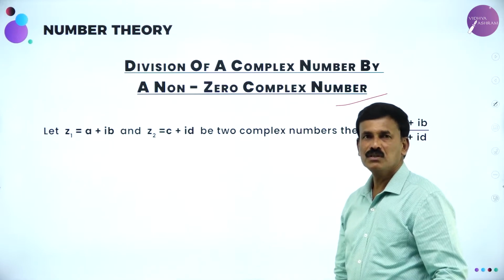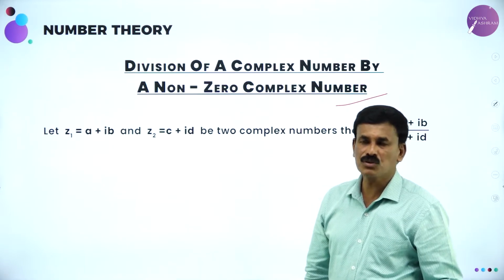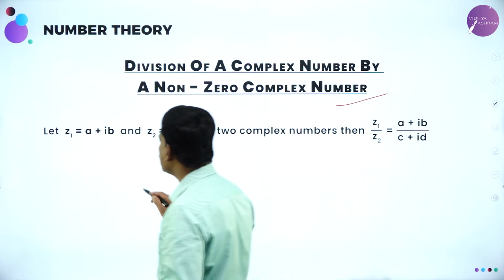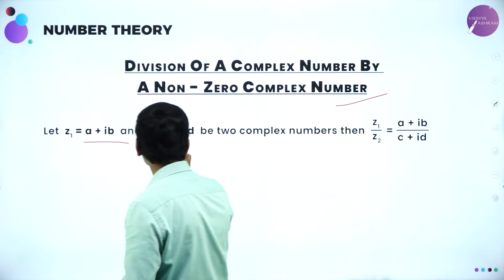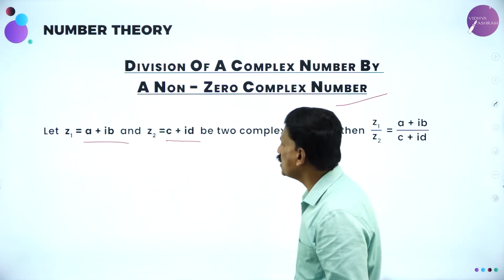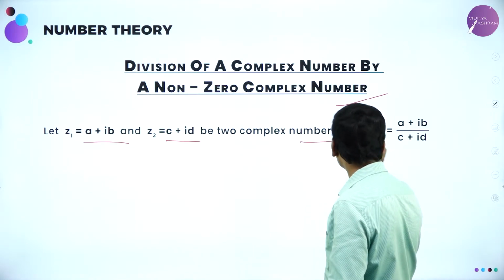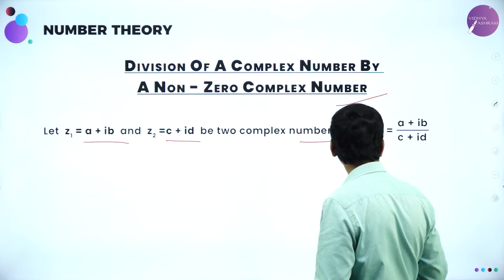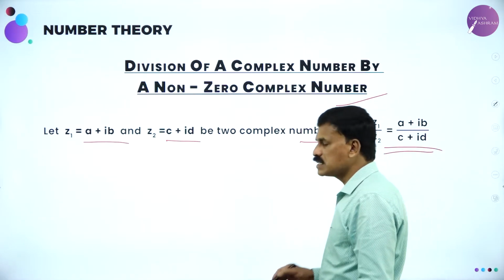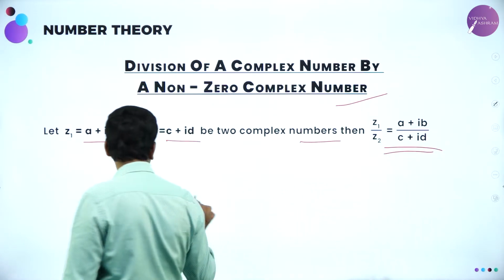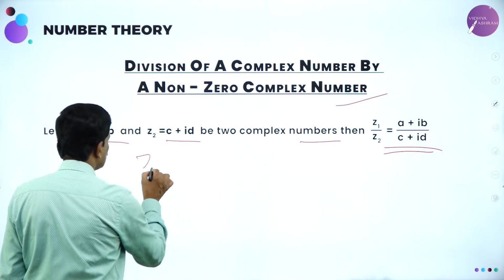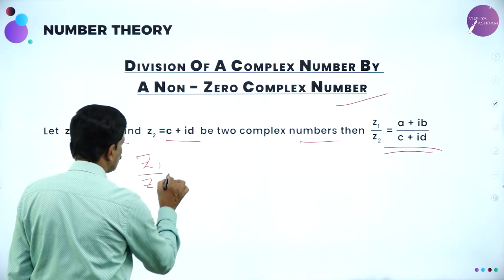So, division of a complex number by a non-zero complex number. Now, let us consider two complex numbers z1 and z2, where z1 is equal to a plus ib and z2 is equal to c plus id. Then z1 by z2 is equal to a plus ib divided by c plus id. Now, how to divide? Division of a complex number is again a complex number.